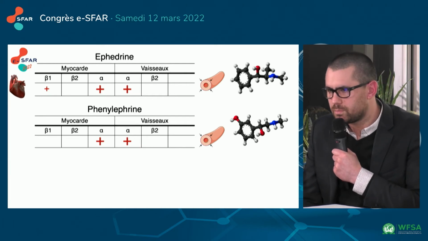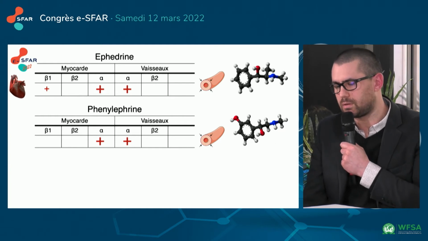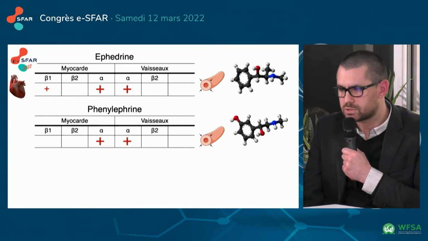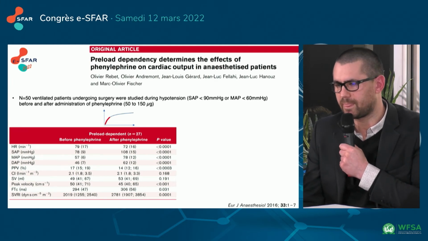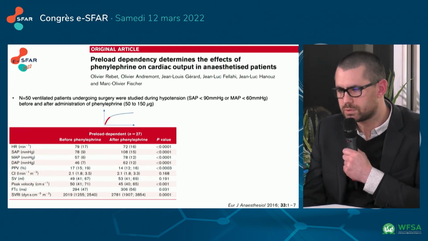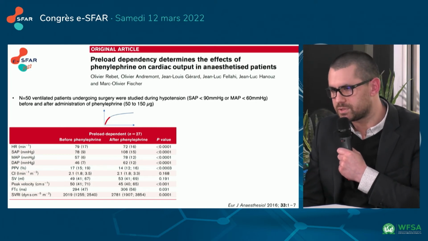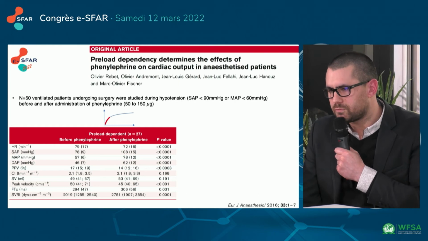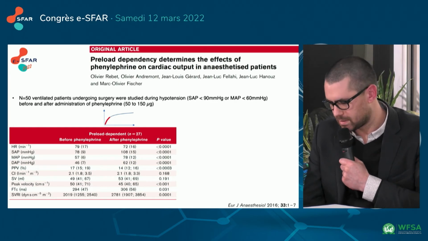Maybe some of you might use phenylephrine. Phenylephrine is a pure alpha agonist, so it's just gonna increase vascular tone. It has no beta effect. I just want to stress a major point, to my point of view, which is that when you use phenylephrine, you just have to be sure that you have a preload-dependent patient.